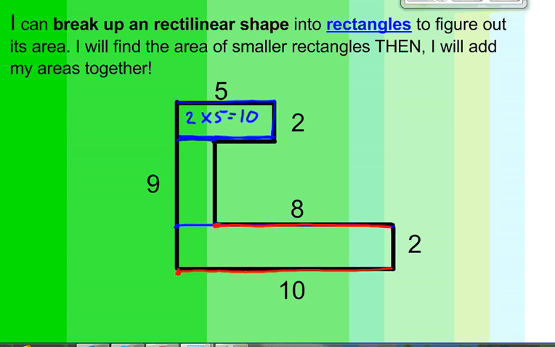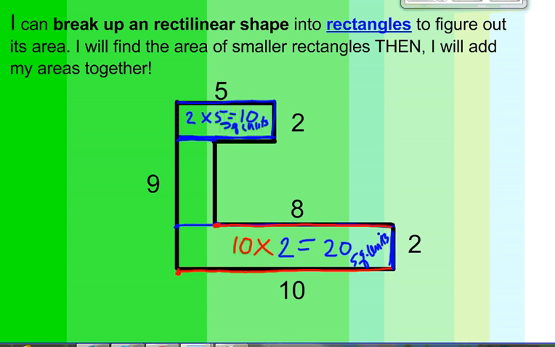So my width is actually 10. Now let me see if I have a length, and I do, I have the length, which is 2. 10 times 2 equals 20. And these are square units. It's how many squares will fit into that shape to get the measurement of the inside.